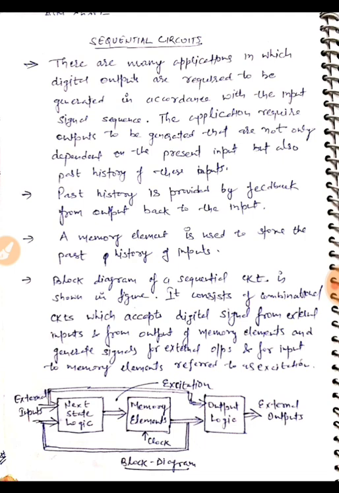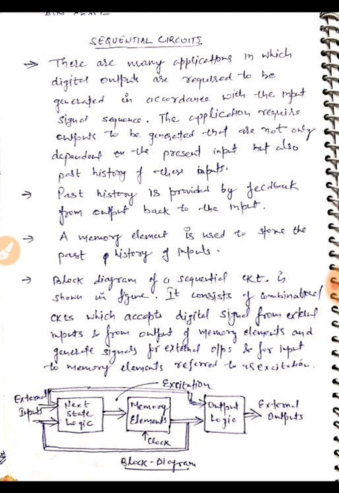That means the output will depend only on what we are feeding to the system. It will provide a particular type of function depending upon the inputs. So the output depends only on the inputs we are providing to the system.